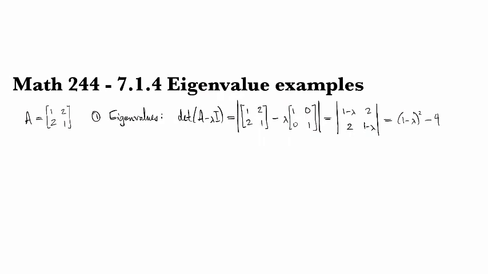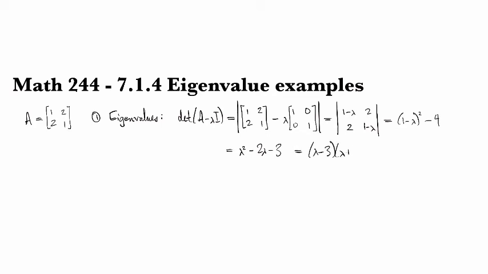And so we need to find the roots. So we multiply this out and we get lambda squared minus 2 lambda minus 3, which factors as (lambda minus 3)(lambda plus 1).